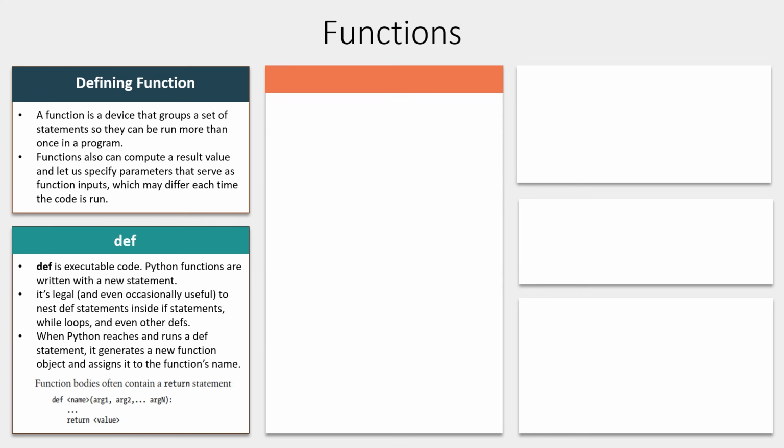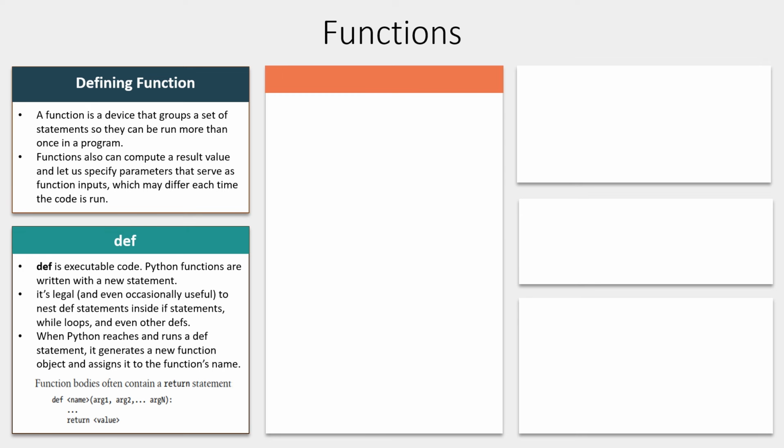So below is the syntax of writing a function. You will have a def keyword, which is a new statement, and then the name of the function, and then a call expression, that is, parentheses, and inside that you provide argument 1 and 2 and so on.